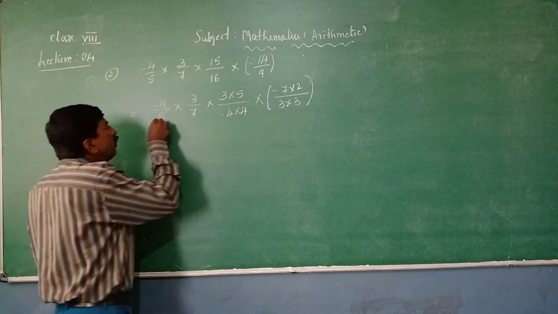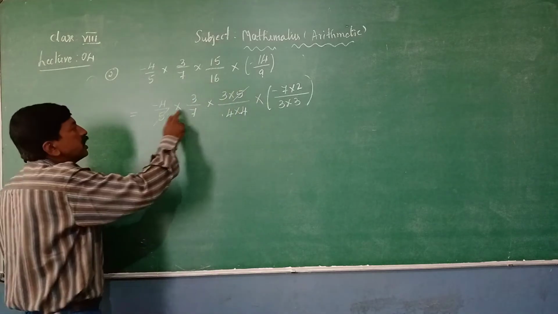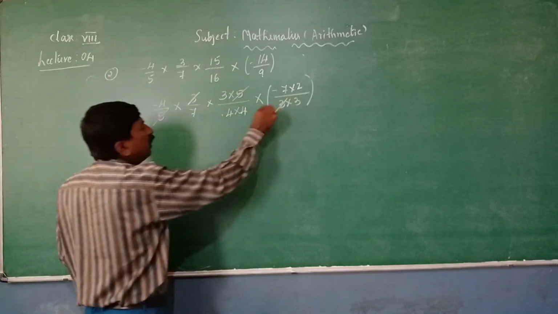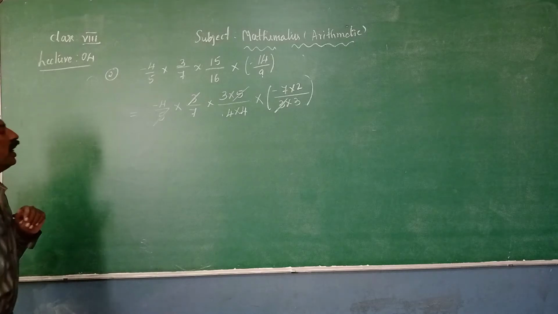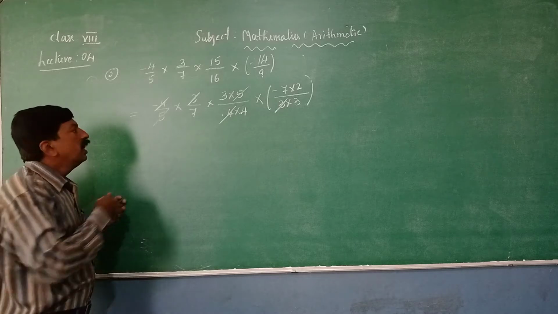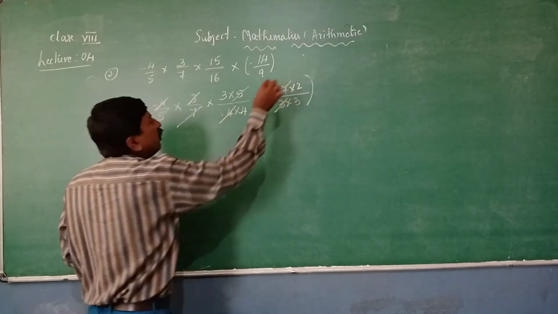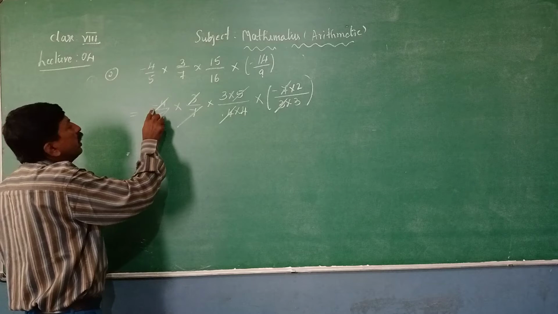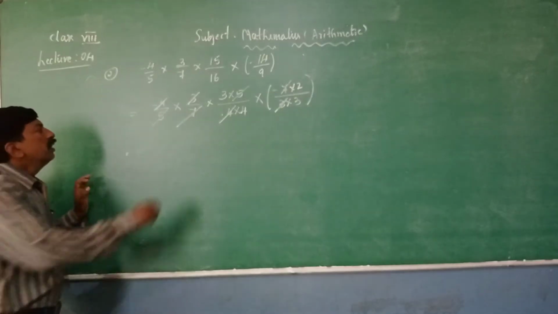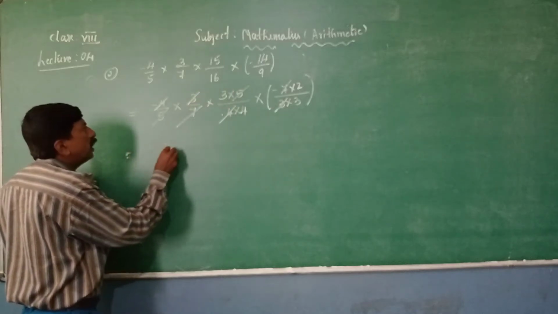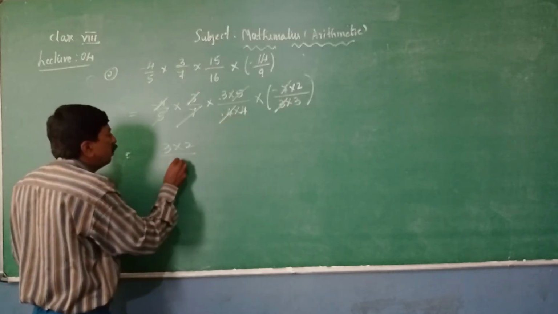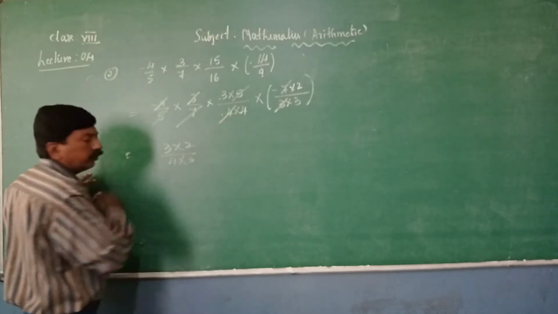Now observe here, 5 and 5 are cancelled because of the product sign. Numerator 3 and denominator 3 are cancelled. Again, numerator 4 with denominator 4 cancel. Now observe, minus into minus is plus. What remains in the numerator? 3 into 2 divided by denominator 4 into 3.